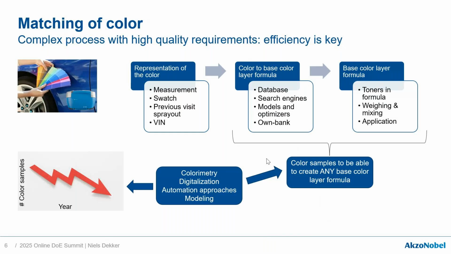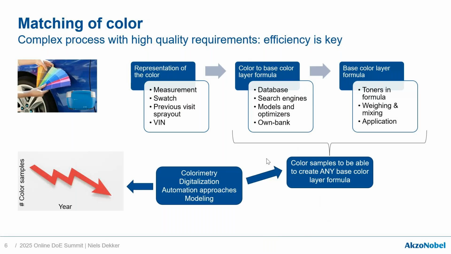And so these samples, together with colorimetric toolboxes, digitalization or automation approaches, modeling, all kinds of tools, allow us to turn that subset of colors into the whole gamut of all colors available on the market, mainly via clever modeling, digitalization and automation approaches.